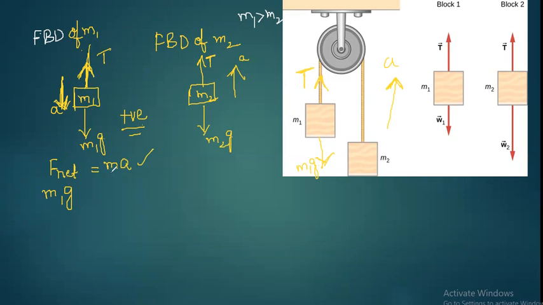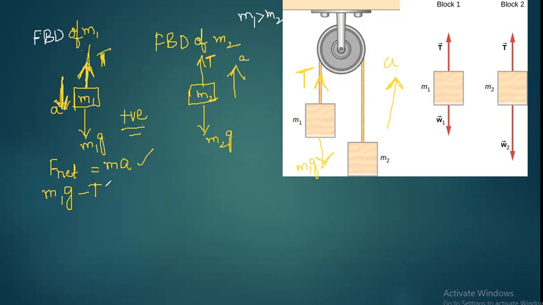So here, can I take m1g as positive because a is downwards and the body is moving downwards? So m1g is positive. And what about T? Tension is opposite to the motion of the body. That's why can I take negative T? Yes, very good.